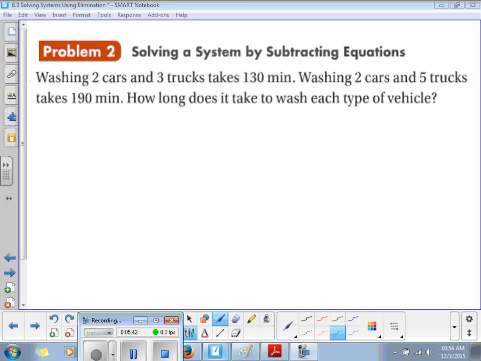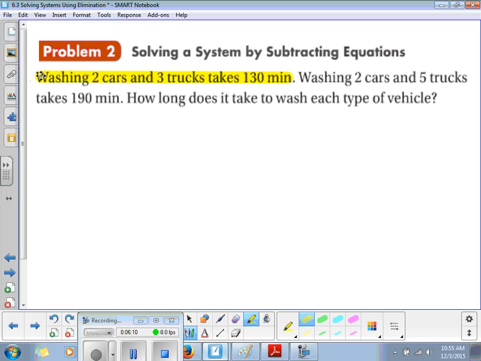Okay, so in this one, we're writing the two equations. Washing 2 cars and 3 trucks takes 130 minutes. Washing 2 cars and 5 trucks takes 190 minutes. How long does it take to wash each type of vehicle? So where is my first equation going to come from? Very good.